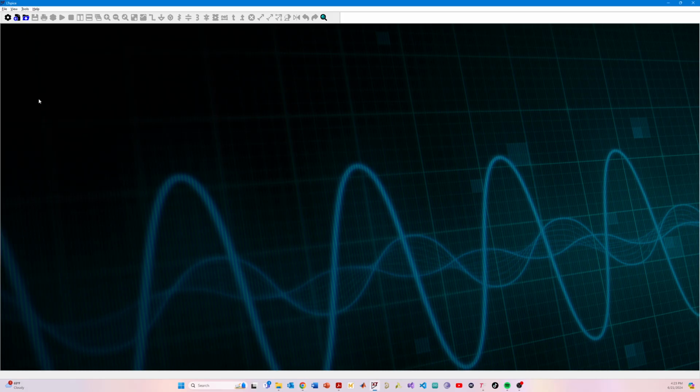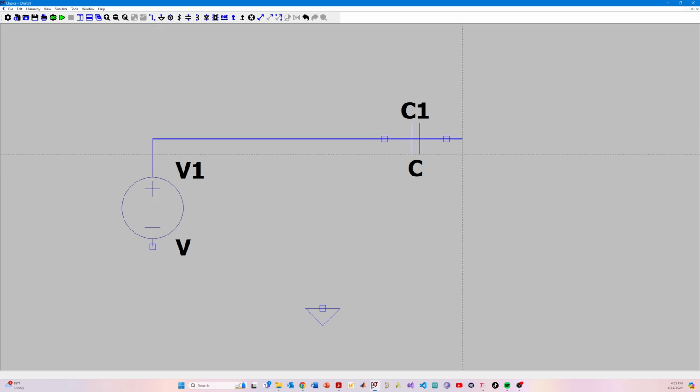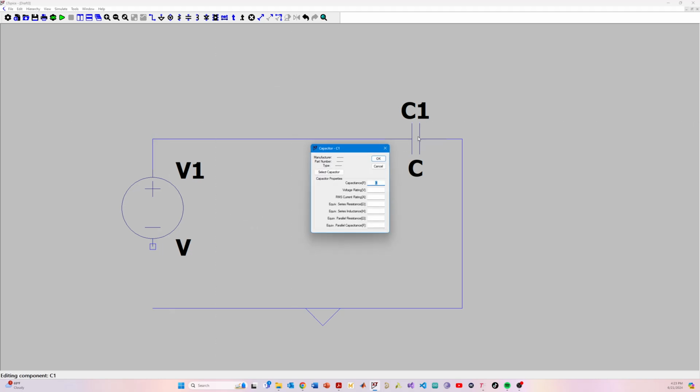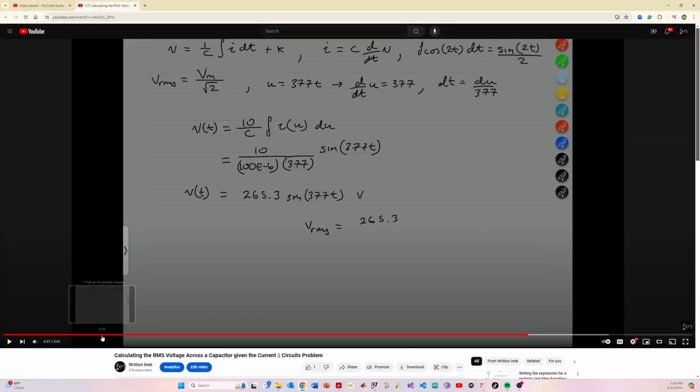Let's go ahead and build our circuit. So new schematic. Capacitor, then voltage source, then a ground as always. Now W for wire. Normally you'd have to use function keys, like F2. So that's that for the circuit, and I think we had 100 microfarads for our capacitance.